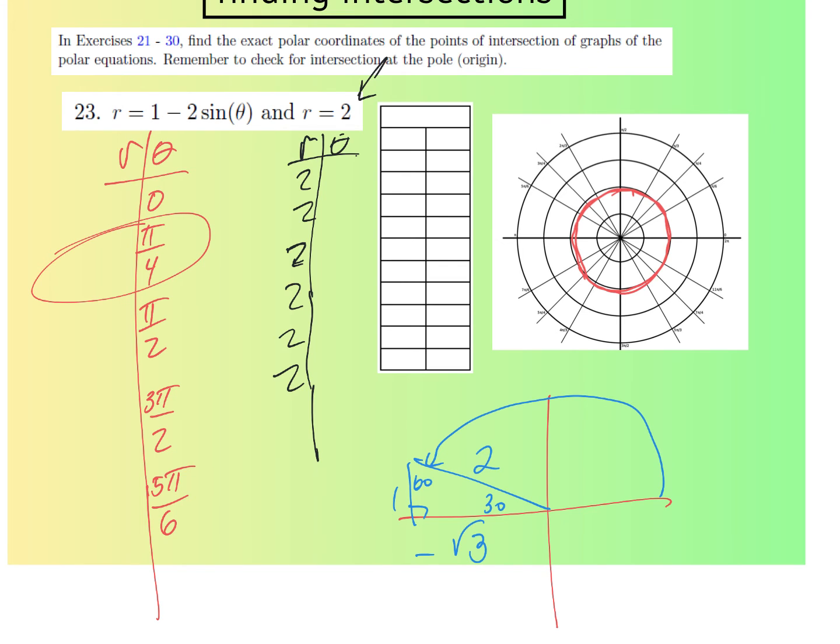This one's negative. And then I want to do sine of that and then double it. Sine is opposite over hypotenuse. Oh, it's 1/2. That's going to work nice. 1 minus 2 times 1/2 is 1 minus 1, which is 0. R equals 0. 0 comma 5 pi over 6.